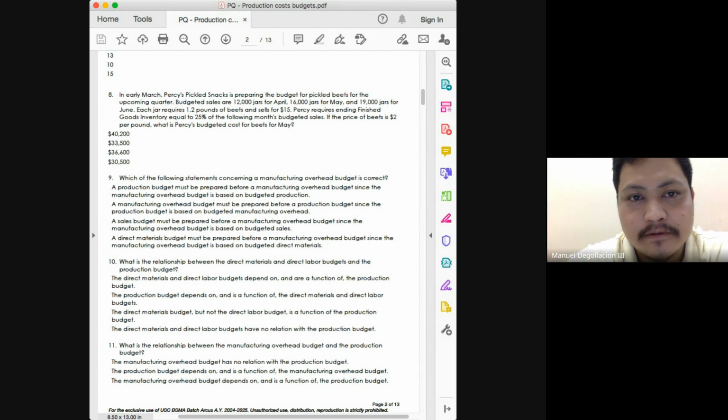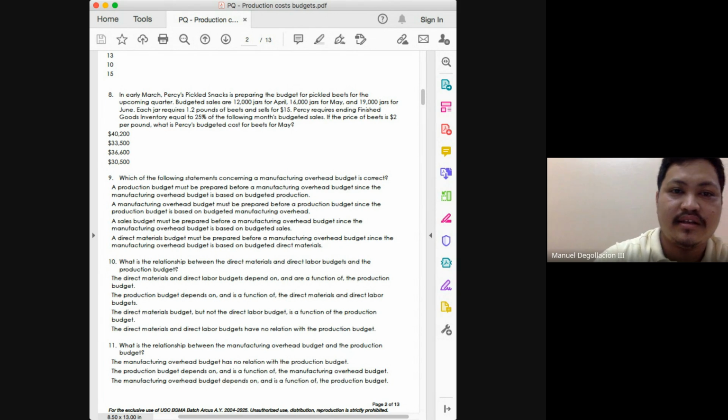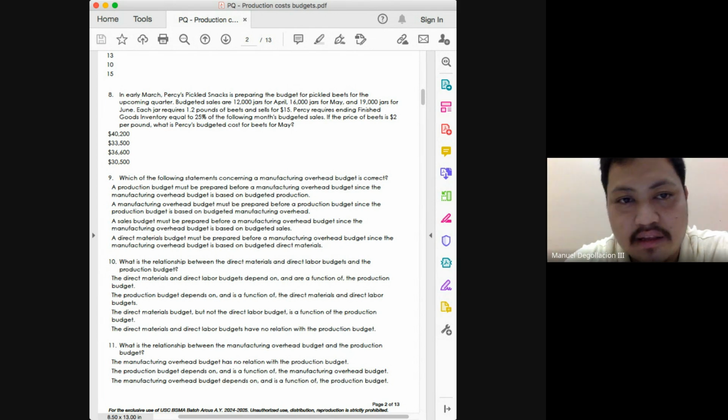So by the end of May, you should have existing inventory enough to cover 25% of 19,000, or you should have 4,750 jars by the end of May. So some would think that they would just need 16,000. They would need 16,000 plus 4,750.